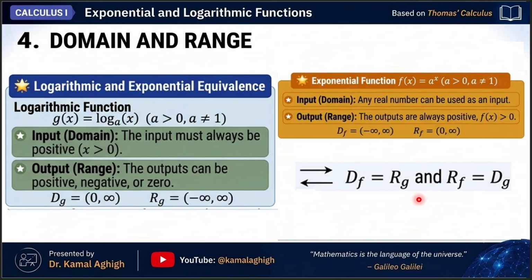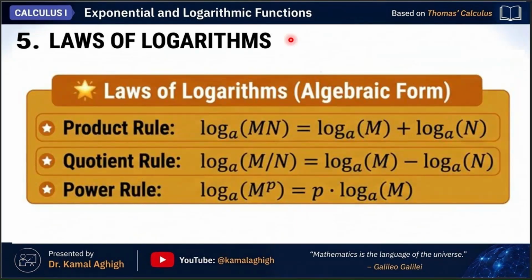Just as exponents have their own algebraic rules, logarithms also have a set of powerful properties that make calculation much easier. These properties are a direct consequence of the laws of exponents that we reviewed earlier.